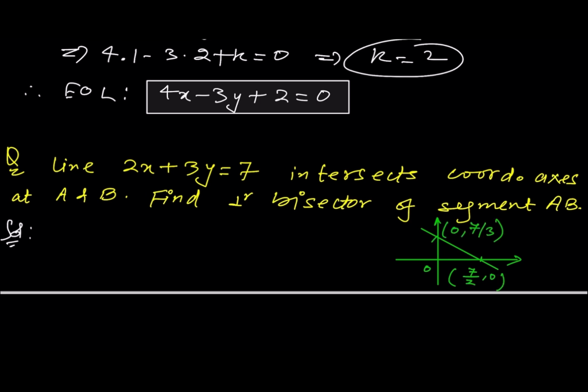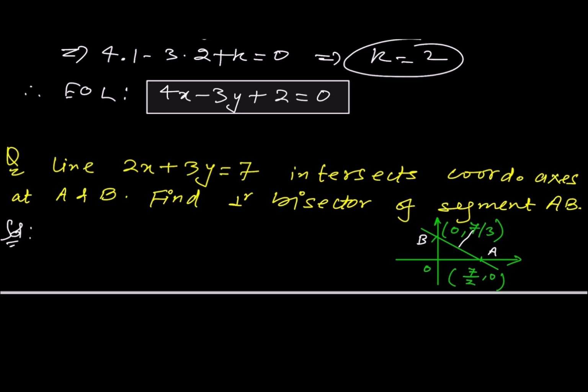And what we have to do in the question, it is given that the line 2x plus 3y is equal to 7 intersects the coordinate axes at A and B. So A is this and B is this. Find the perpendicular bisector of segment AB.